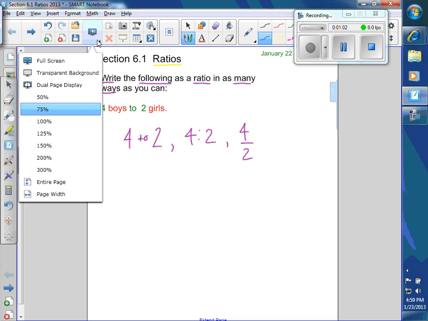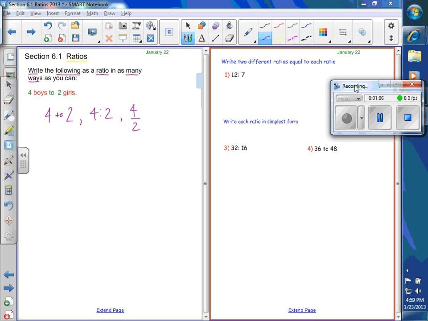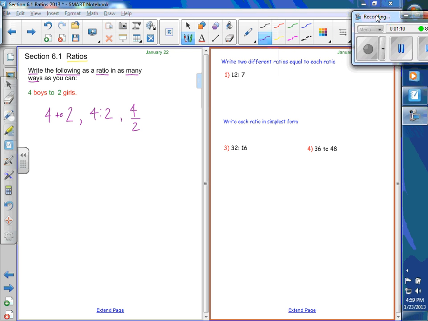So for example, if you look at this page here, your author is asking you to take a simple ratio like 12 to 7 and write this ratio 2 different ways. So you're writing 2 different ratios that are equal to the given ratio.